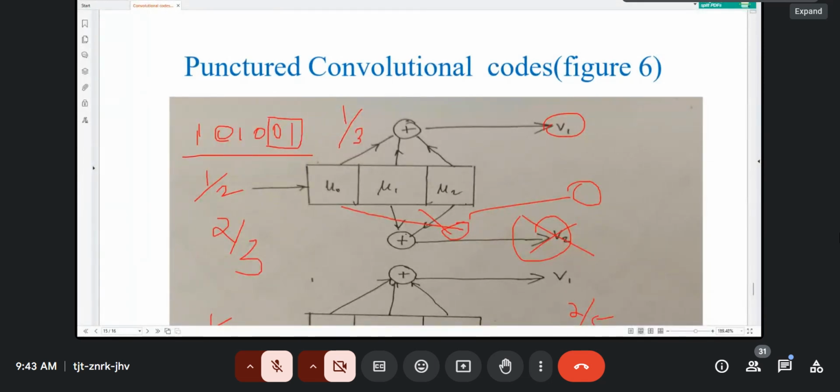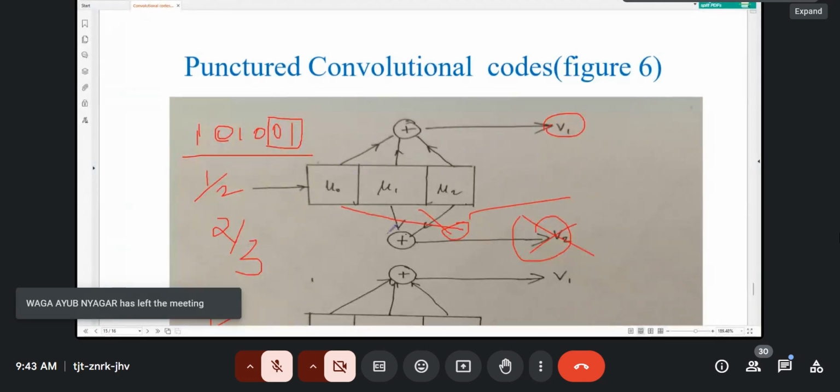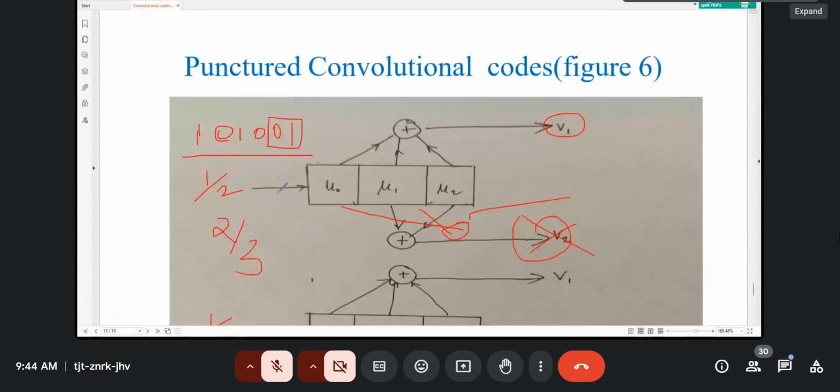Let me remove everything here. So instead of having a 2 by 3, we have two 1/2 encoders.